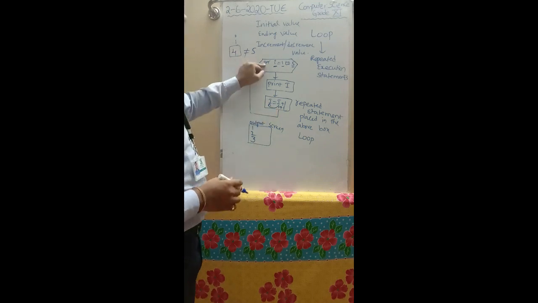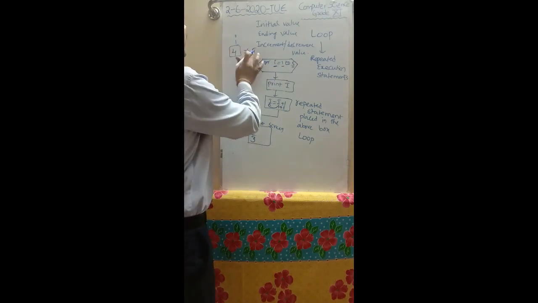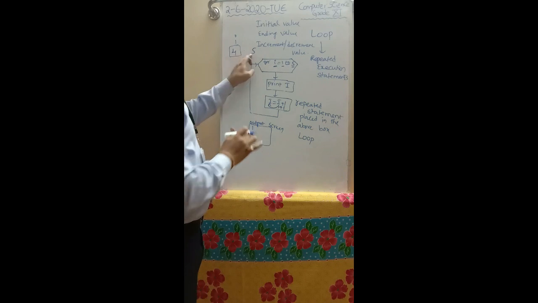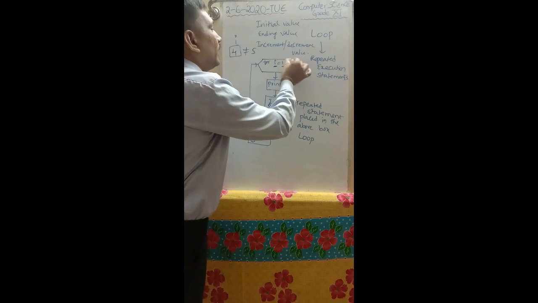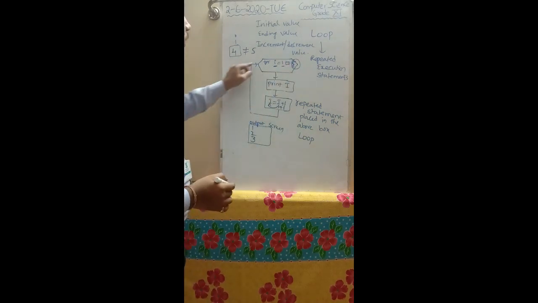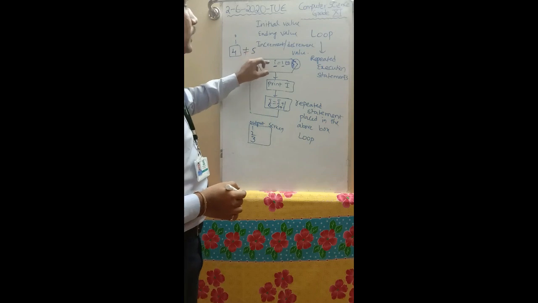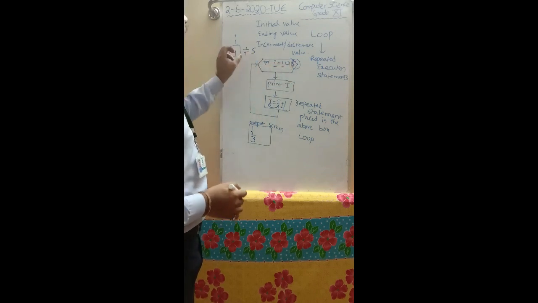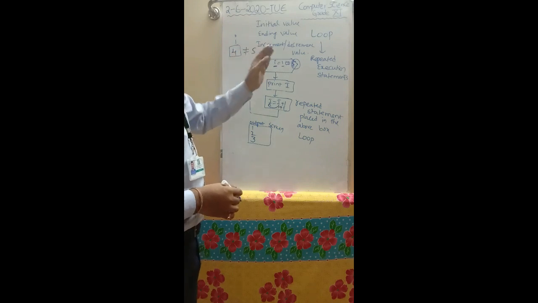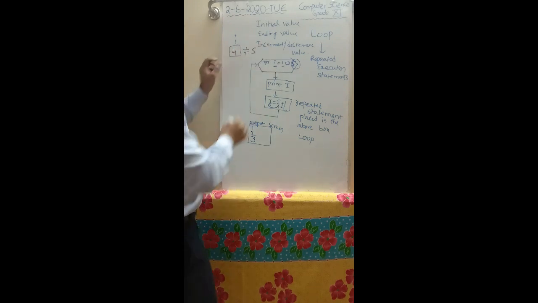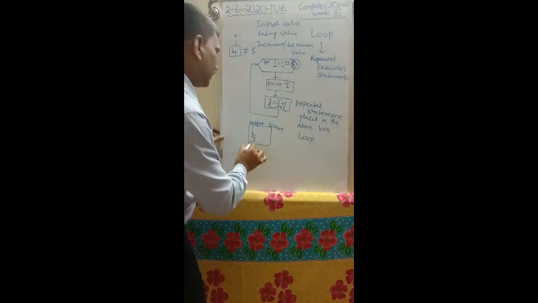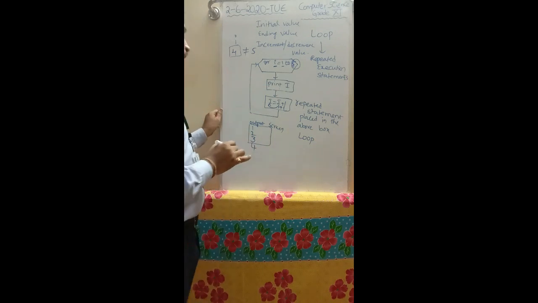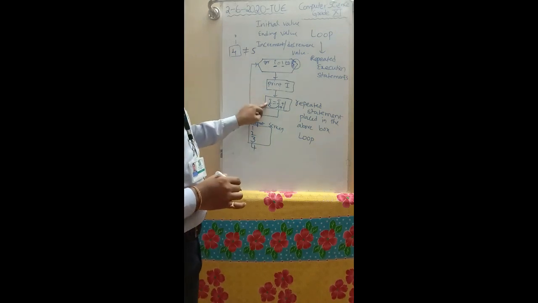Again it comes to this, for I is equal to 4 here. Then again I is compared with 5. Here 4 is not equal to 5. So this is condition checking, every time we enter this loop. This checks whether we have reached the ending value or not. I is not equal to 5, that's why it comes to print I. Next statement: I value 4 is printed on the output screen. Again it comes to I is equal to I plus 1.